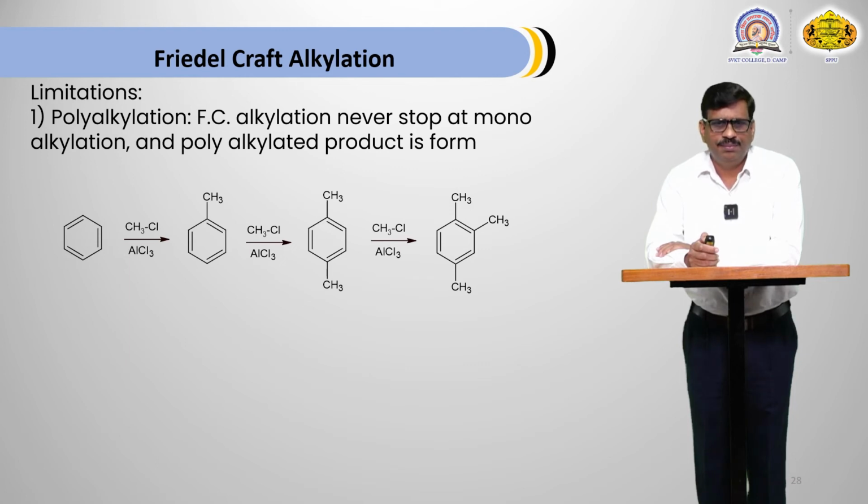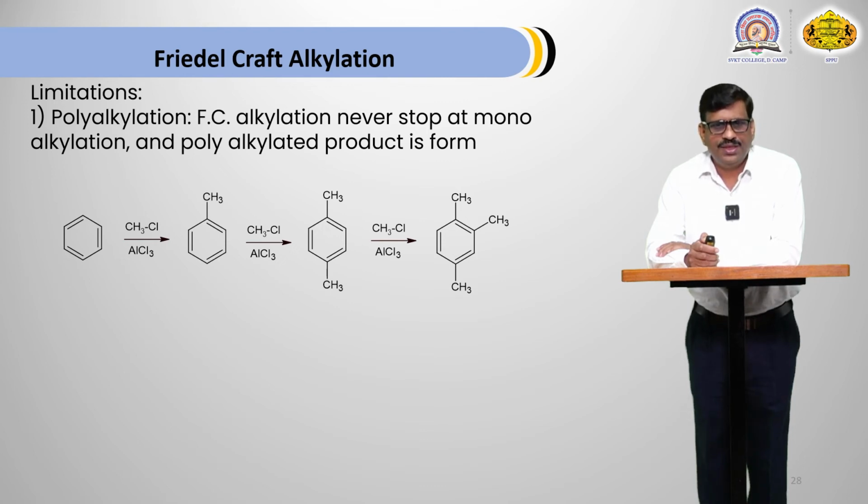That's why the methyl chloride, which is already present in the reaction medium, and the methyl benzene react with each other and there is introduction of another methyl group at the para position. Once again it reacts with methyl chloride in presence of AlCl3 and there is formation of polyalkylated product.